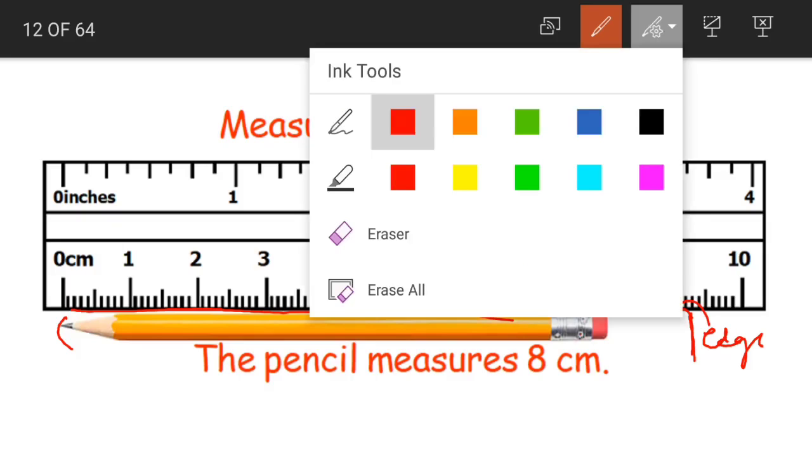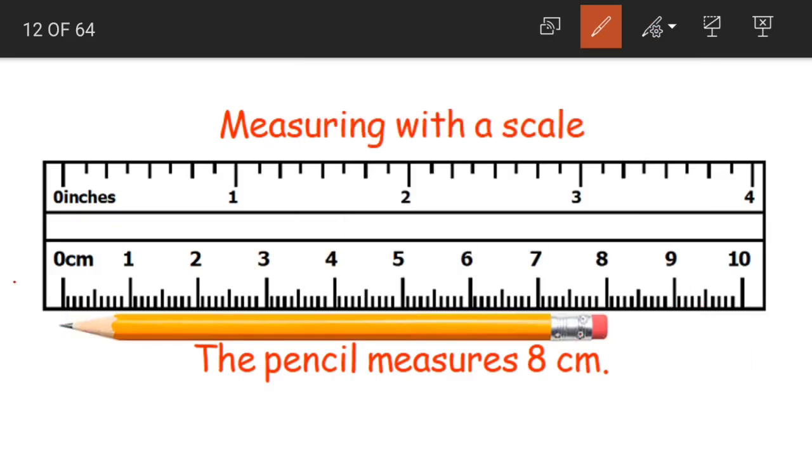And again, if you observe here, we are having two markings on our scale. One is here and the other is here. We are having two types of markings, and if you read, here it reads as 0 centimeters and here it reads as 0 inches. Now we want to measure the length of the pencil in centimeters. So I am placing the pencil along the centimeter line.